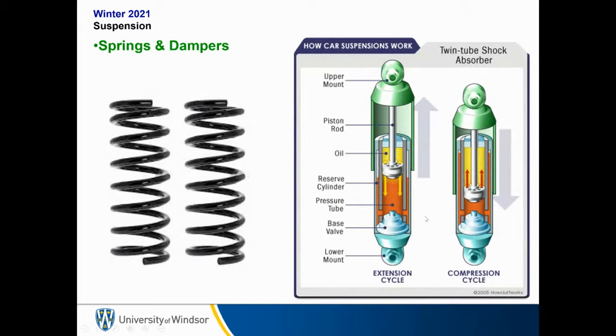Springs and dampers are the two main components in any automotive suspension system. The idea with the spring is to provide a force to restore the vehicle to its equilibrium position. If a spring is moved from its equilibrium, or unstretched, position, it generates a force that pulls it back. So regardless of how the vehicle moves, it's going to want to go back to its equilibrium position.